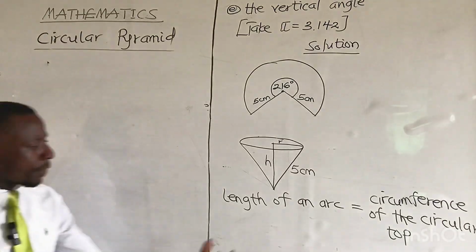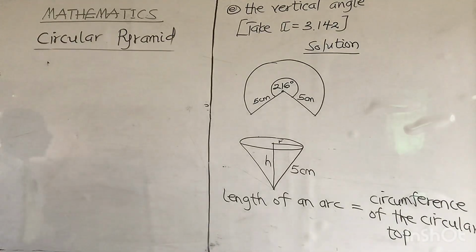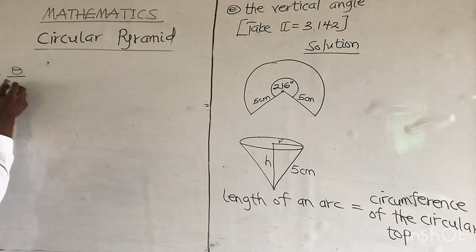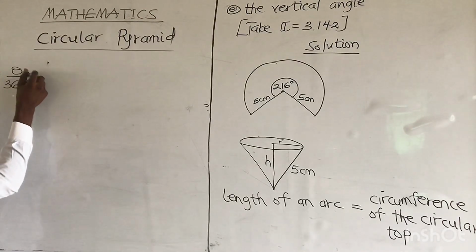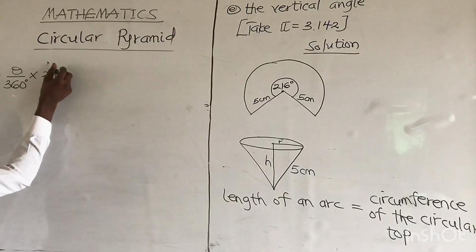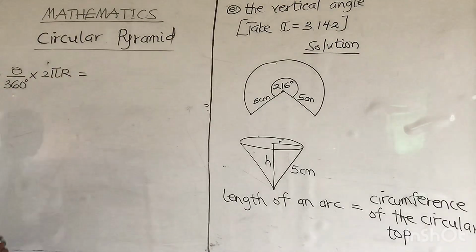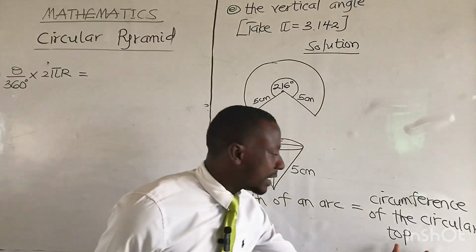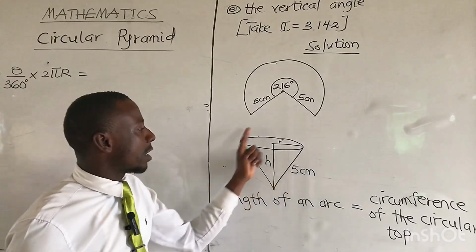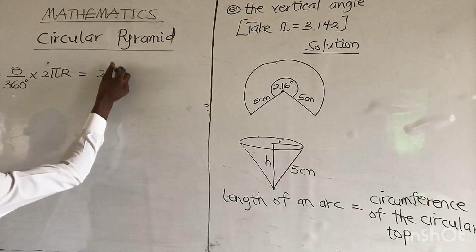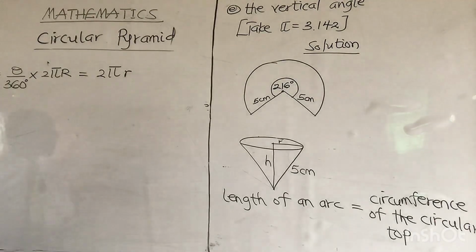So from here, the length of an arc is given as theta over 360 degrees times 2 pi R, and it is now equal to the circumference of the circular top, which is also given as 2 pi r.